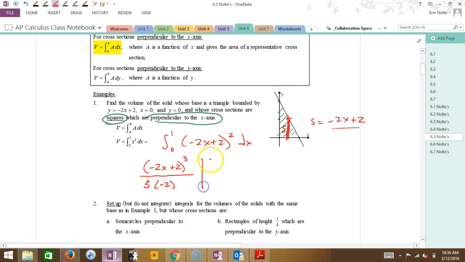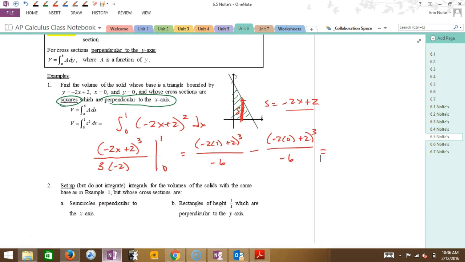Okay, so I need to do that from 0 to 1. And so I'm going to do big minus little. So I have (negative 2 times 1 plus 2) cubed over, I'm going to call that negative 6, minus, if I plug 0 in, (negative 2 times 0 plus 2) cubed over negative 6.